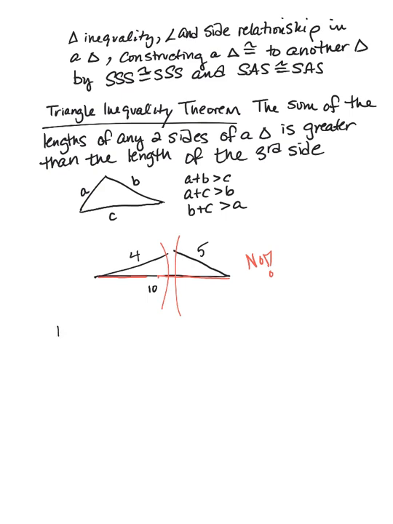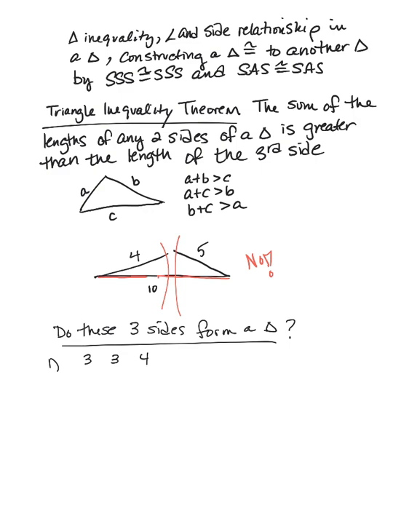Let's take a look at some examples. Do these three sides form a triangle? So number 1, 3, 3, 4. Okay, so you could do 3 plus 3 is greater than 4. Is that true? Yes, it is. Okay. Now, you could add the 3 and the 4, but the 3 and the 4 will definitely be greater than 3.